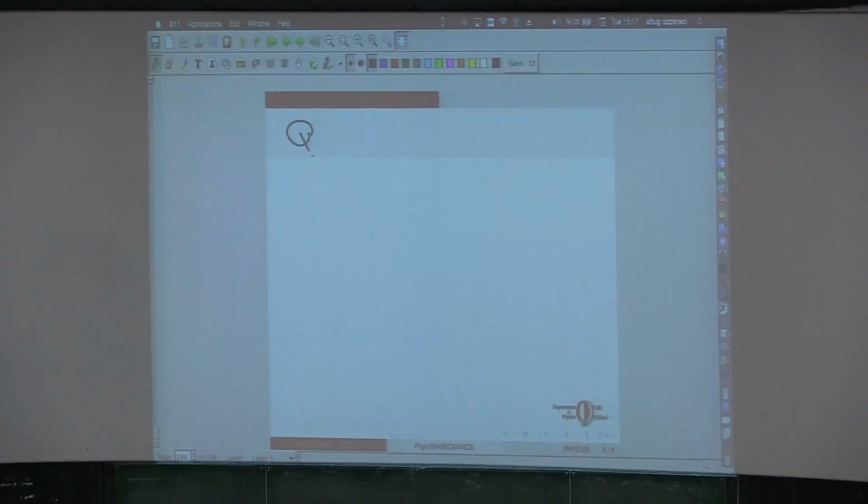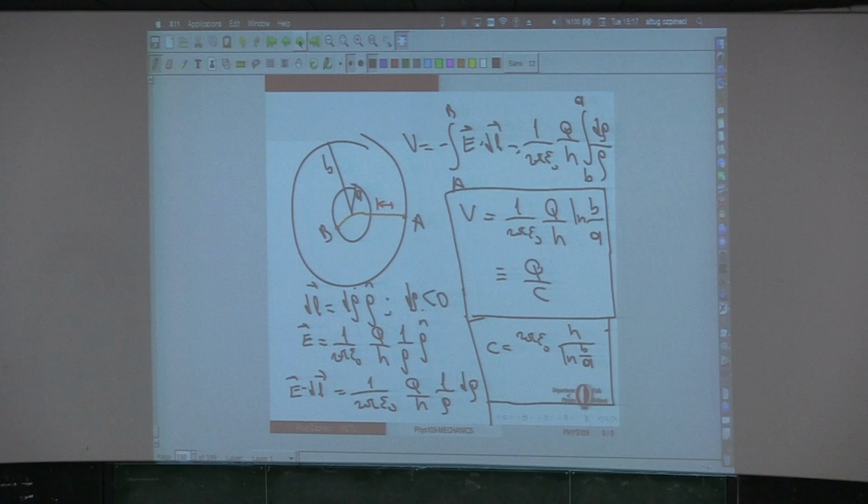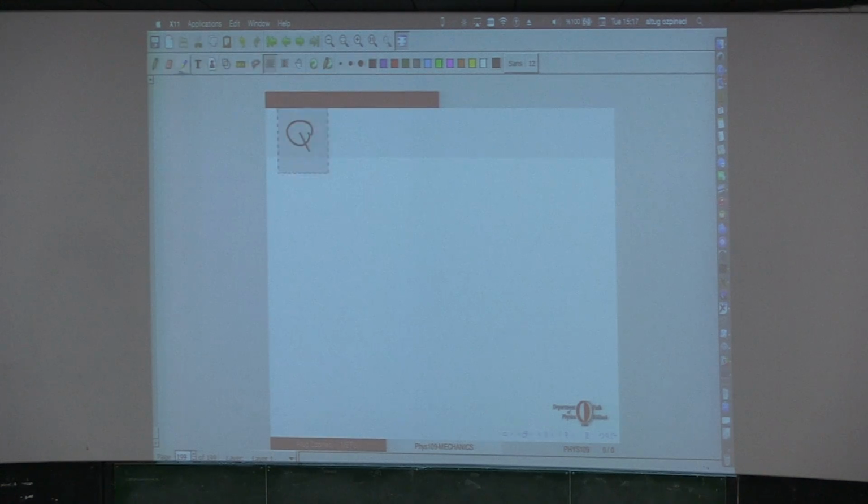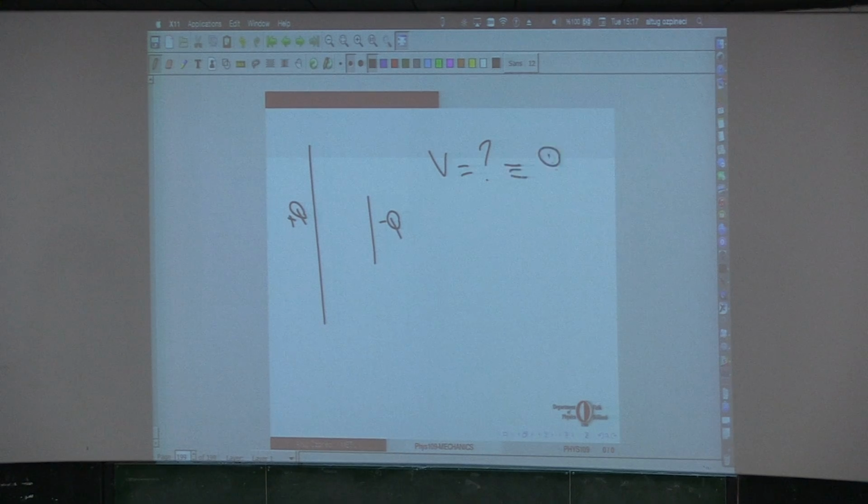Is that your question? Oh, so your friend is asking this question. Suppose we have one plate like this, and then a smaller plate. You put a plus Q charge and a minus Q charge over here. Then you have to calculate V. It will be a lengthy calculation, which you will be able to do in your third year. But whatever you obtain, it will be proportional to Q, and the proportionality constant you define as 1 over C.